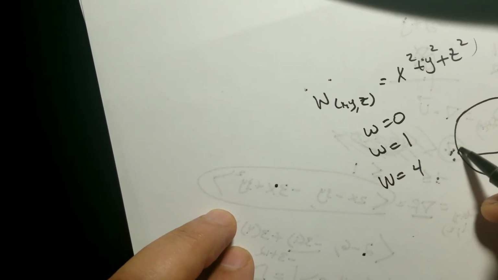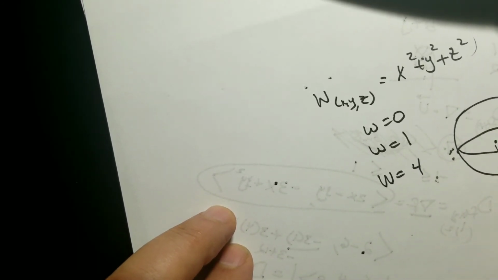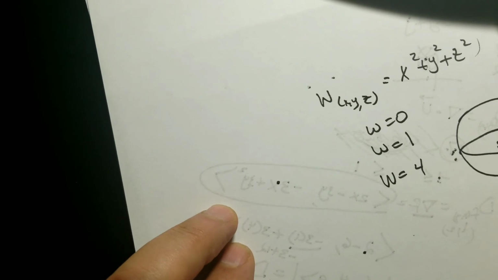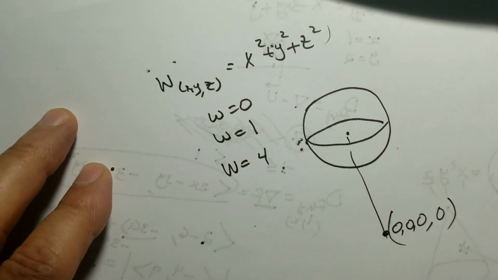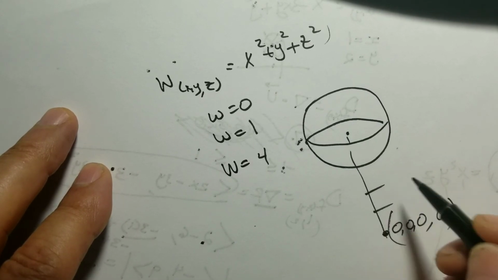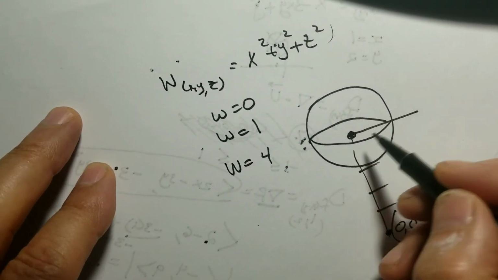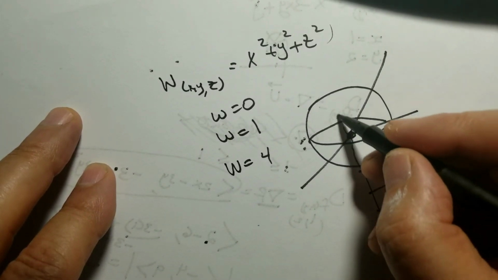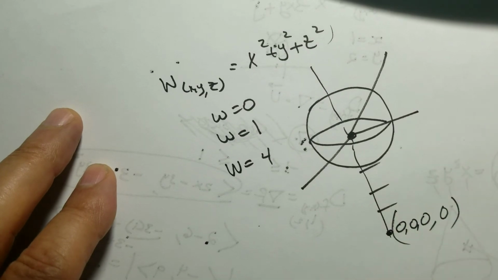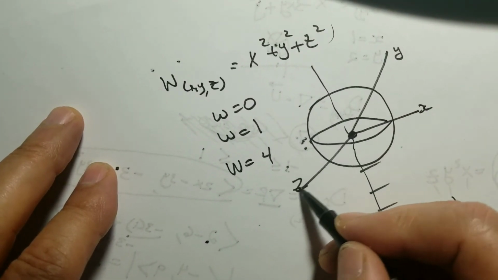Maybe that level surface is 4 units above. If this is 0, 0, 0, 0, remember I have 4 dimensions, and I'm going to have 3 axes right here. Remember, this is w. All 4 of them are orthogonal to each other. That's x, y, and z.